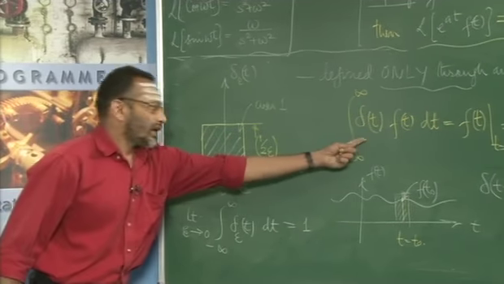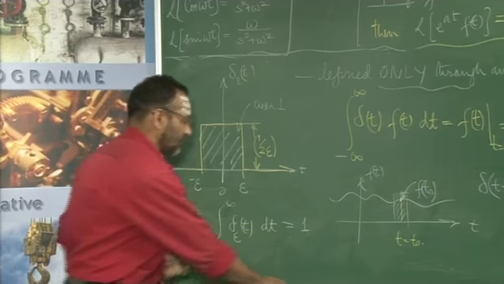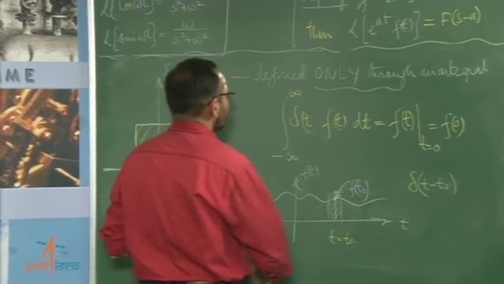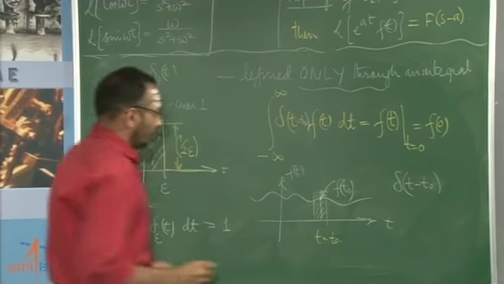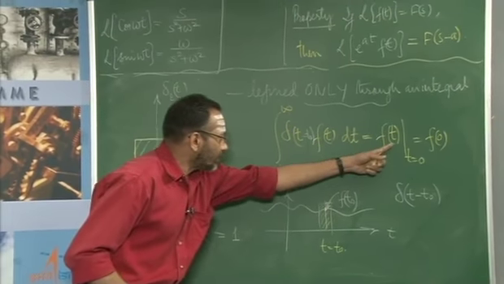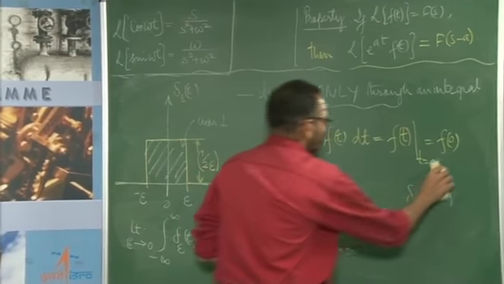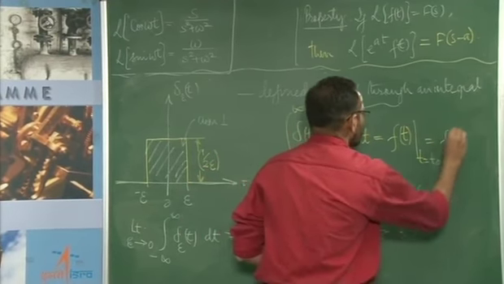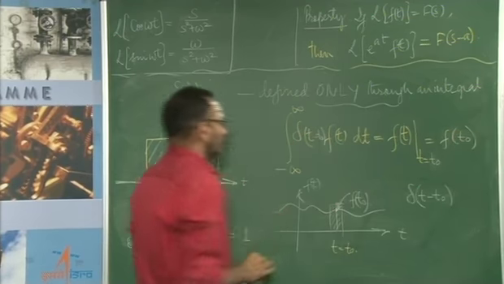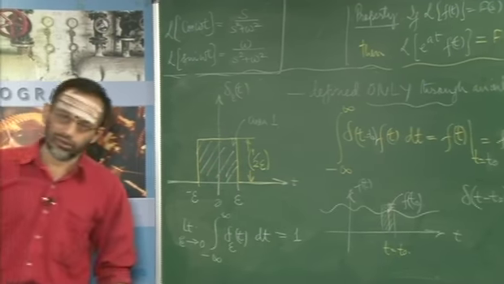So, in this case, I can now give the generalized definition, which is, if I have this as t minus t naught, then instead of picking the value at t equal to 0, it picks the value at t equal to t naught, and then you get f of t naught. So, this is the definition for the unit impulse.